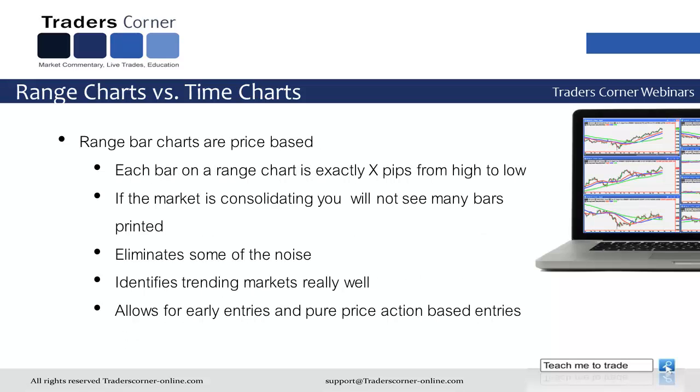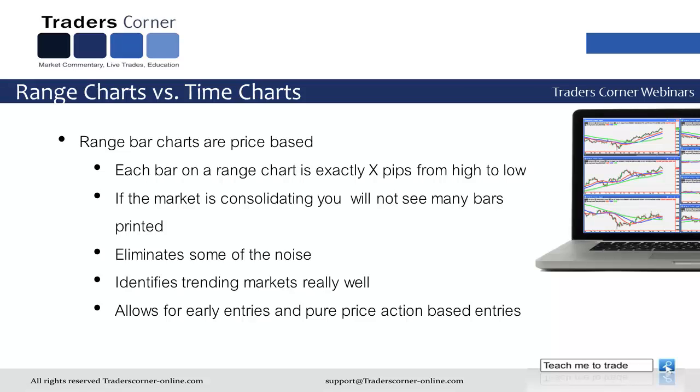With a range chart, each bar is exactly X pips from high to low. I said to you that with our charts, we're looking for 8 ranges. So it's 8 pips from high to low for our particular charts, but you could use a 10 range, 20 range, 40 range, whatever it is that you're comfortable with. You can create a price action based chart according to that criteria.